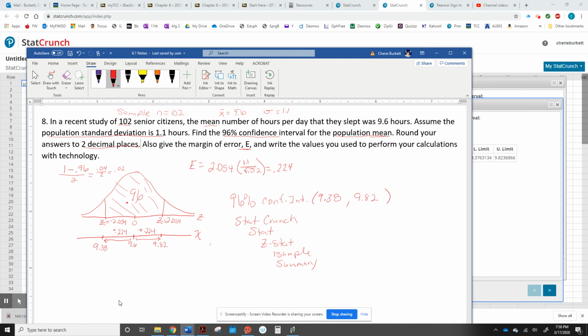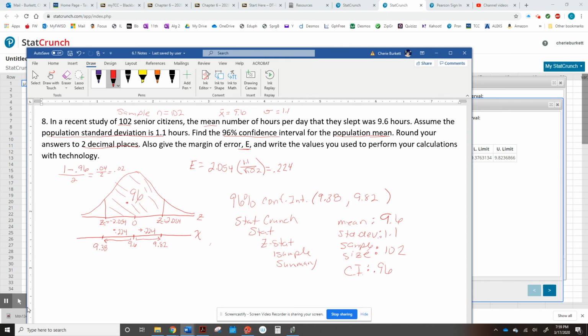And then it asks for the mean, the standard deviation, and your sample size. So all of those things that you typed in. So you would say your mean was 9.6, your standard deviation was 1.1, your sample size was 102, and your confidence interval was 0.96.